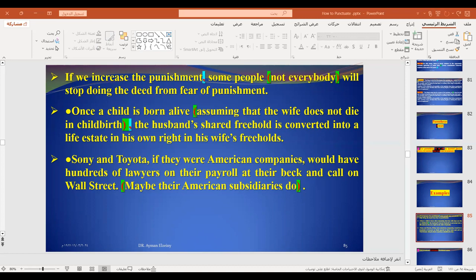We had to put that within parentheses. Another example: once the child is born alive, assuming that the wife doesn't die in childbirth, put such a phrase in parentheses, the husband's freehold is converted into a life estate in his own right in his wife's freehold.